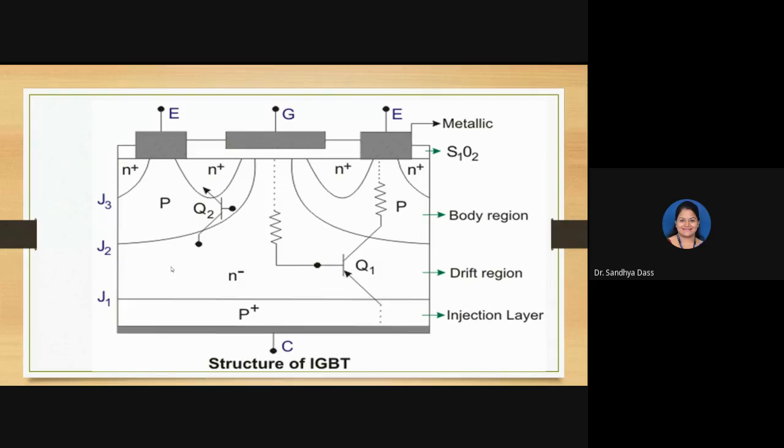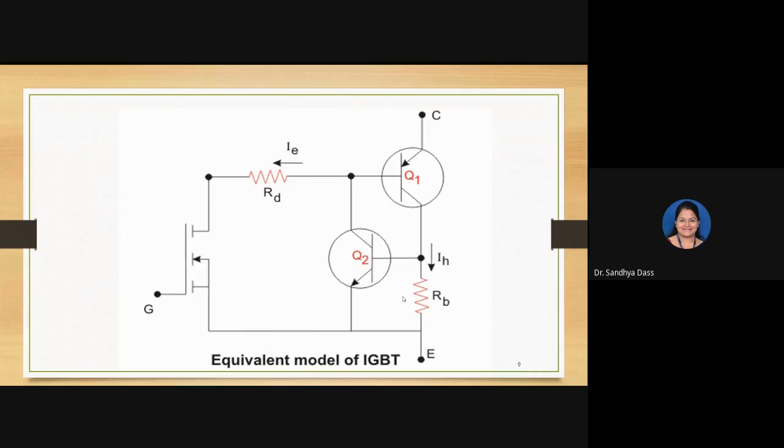All right. And the resistance in the device can be imagined from the resistance offered by the drift region and the body region. So with that, the equivalent circuit can be visualized like this, where you have Q1 and Q2, which are the parasitic transistors.